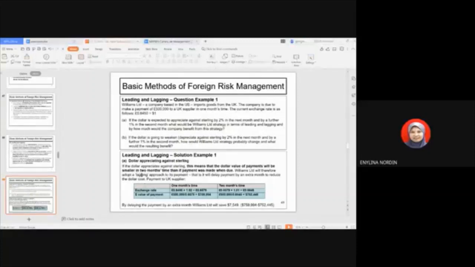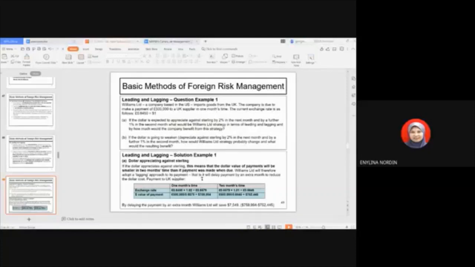If the dollar appreciates against sterling, this means that the dollar value of the payment will be smaller in 2 months' time. So it is better for the company to delay the payment. Therefore, it adopts a lagging approach.